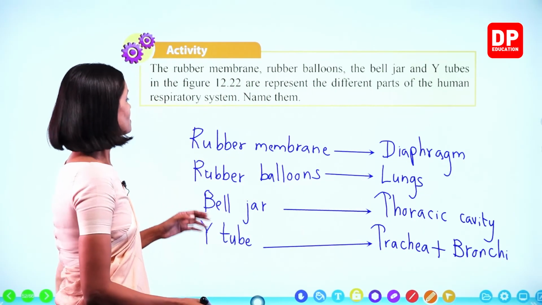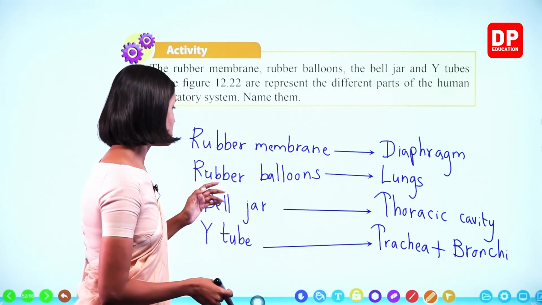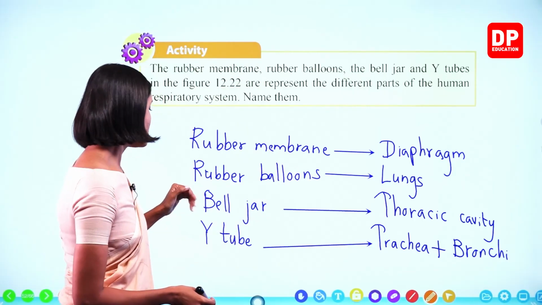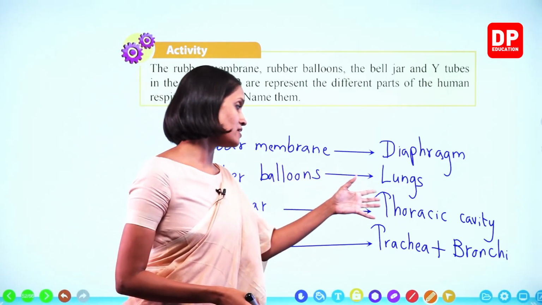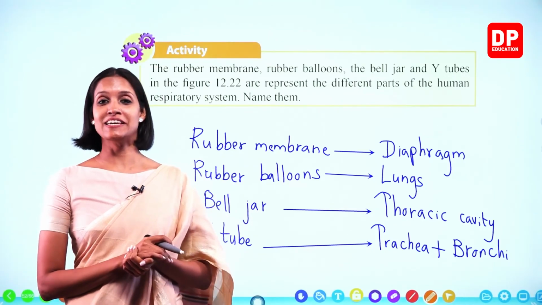Rubber membrane is the diaphragm, rubber balloons are the lungs, bell jar is the thoracic cavity, white tube is the trachea and bronchi together. So we have completed the entire lesson.